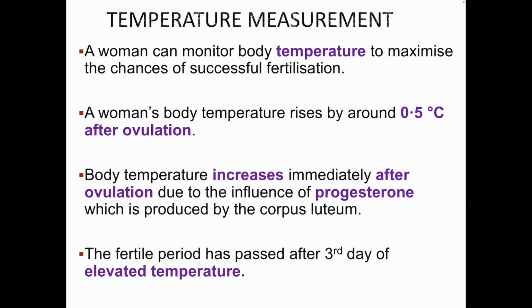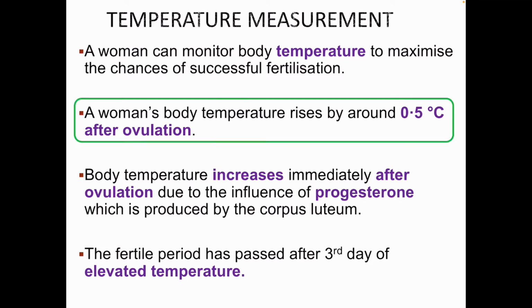This is due to the secretion of the hormone progesterone. Progesterone is what we call a thermogenic hormone. It increases the body temperature slightly. After the 3rd day of elevated temperature, the fertile period has passed.